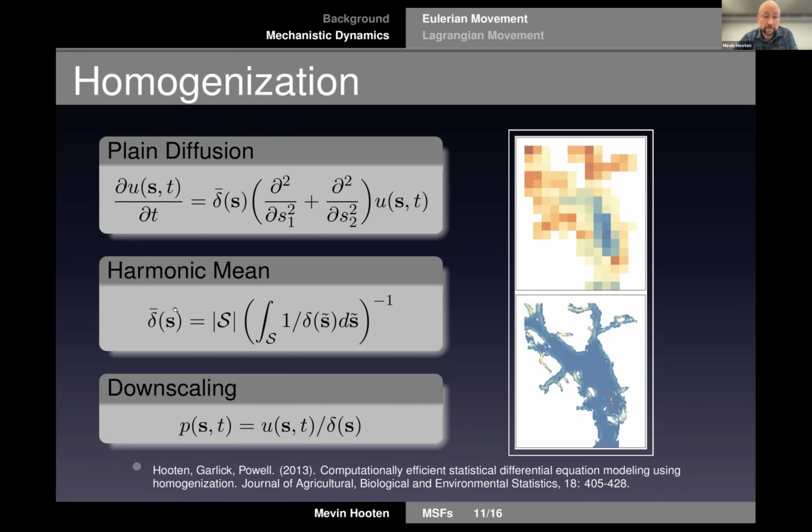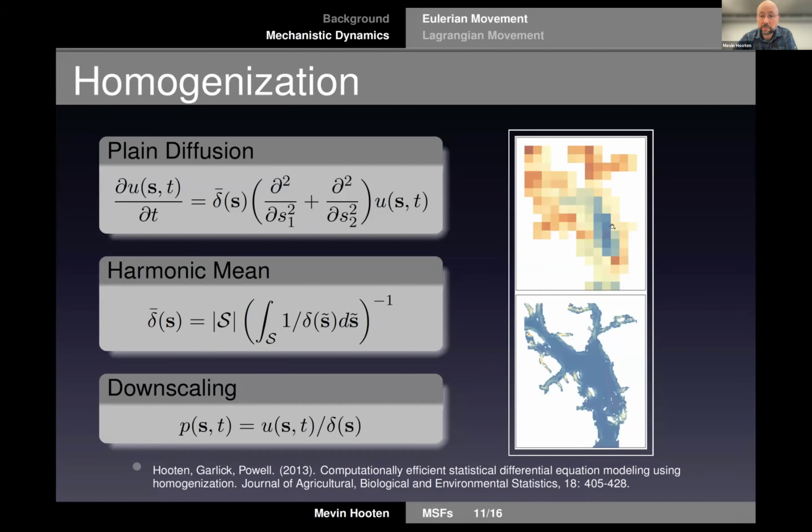And then the even better thing, and this is where it gets really relevant, is that we can recover the full high resolution version, or an approximate version of it, of our process of interest, P, by simply dividing U, this smooth, coarse process, by its diffusion coefficients at the fine scale. So just for visual perspective, we've got a coarse scale up here, let's call it delta bar, and then the fine scale right here, that's delta.